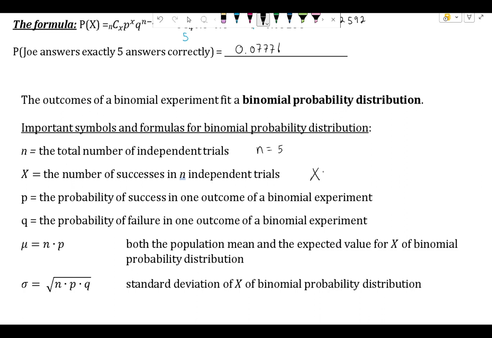We wanted x equal to 4 or x equal to 5, the number of correct guesses that we were looking for. p is the probability of success in one outcome. For the previous question, p was 0.6, and q is the probability of failure in one outcome. q was 0.4.